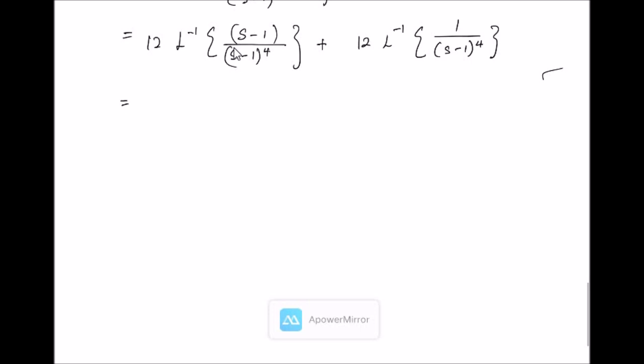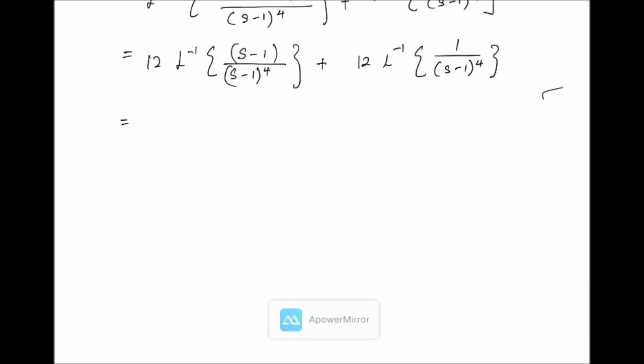Okay, then what you can do, we can simplify it because this is the same, so I can cancel out. So this one is equal to 3. So remaining 1 over s minus 1 power of 3 plus 12. Okay, for this part, s minus 1, we change to the exponent.